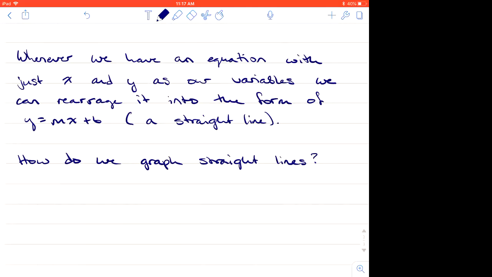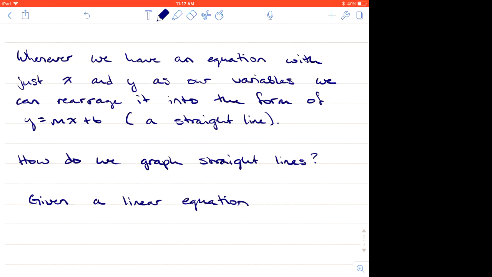Given a linear equation, well, no big stretch here, right? Y equals mx plus b, I'm saying that is a straight line, so we can also call it a linear equation. It's an equation of a straight line.